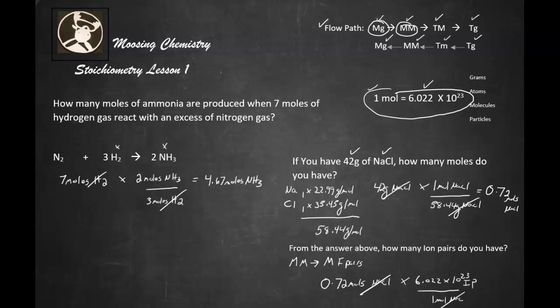Well, those moles cancel out, and calculating it now, guys, here we are, 4.33 times 10 to the 23rd.